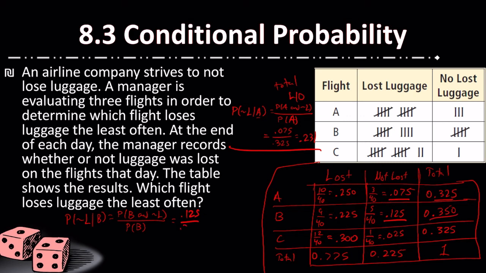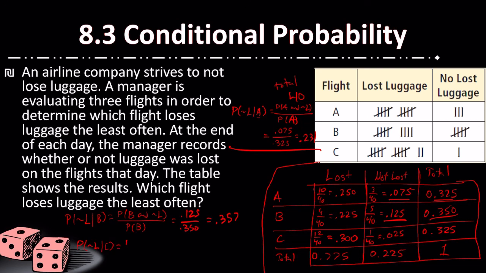Flight B is 0.350. Now you might say, hey, I could probably figure this out and see which one is the best just by looking at this chart. But here we have about the same amount of data for each flight. If we didn't, if they were very much different, then it'd be harder to tell.